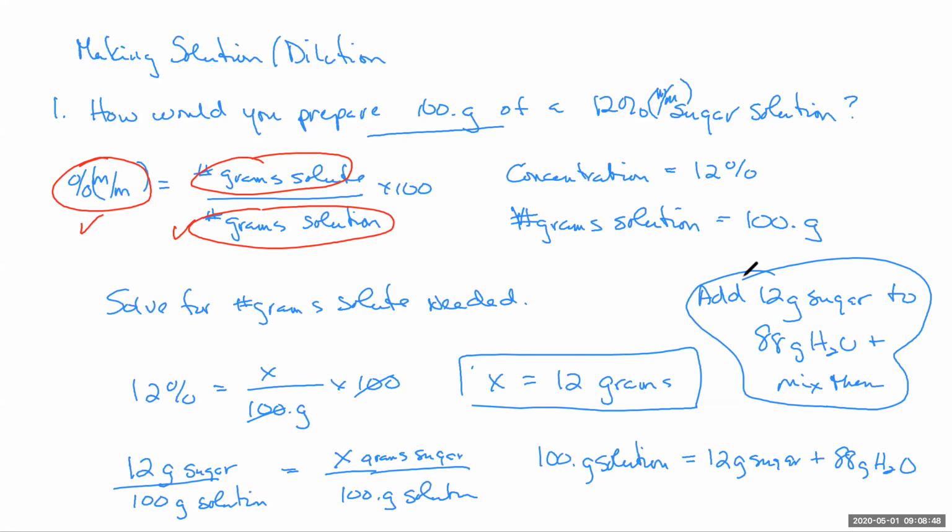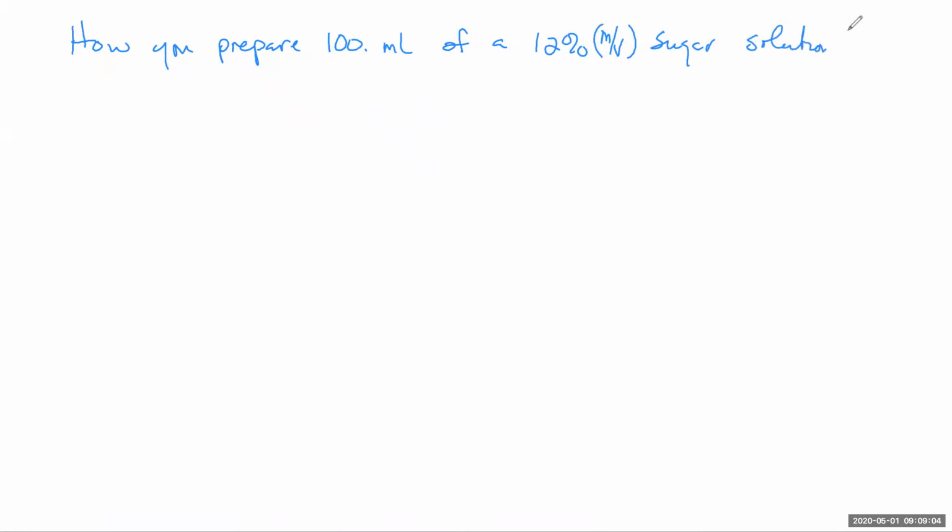So what if now I asked you, how would you prepare 100 milliliters of a 12% mass to volume sugar solution? Now notice two things have changed compared to the last problem. The first thing is that I'm given a volume of solution, where in the previous problem I was given a mass of solution.